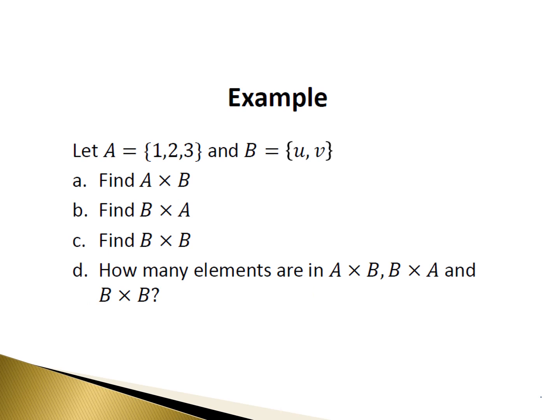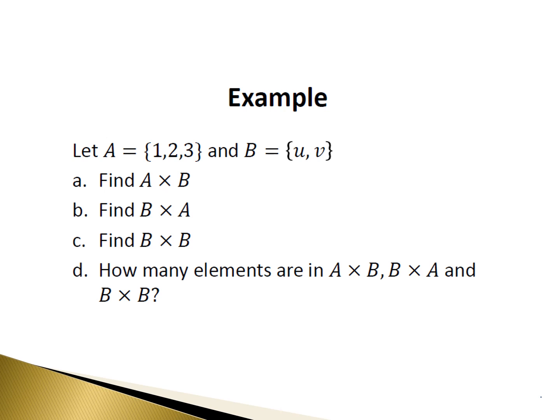Okay, so we have an example here for the Cartesian product. Let A equal {1, 2, 3}, and let B equal the set {u, v}.